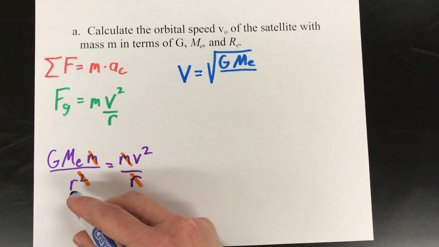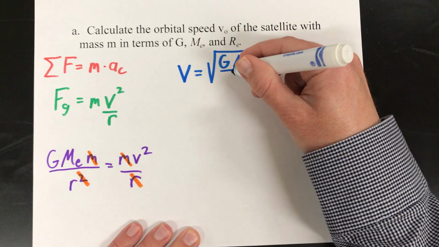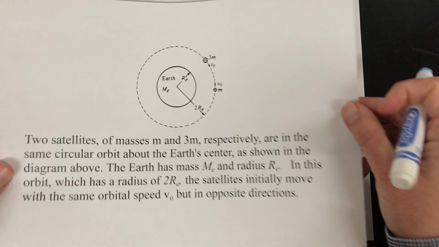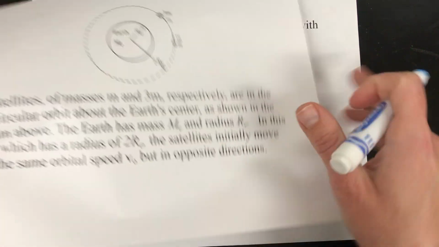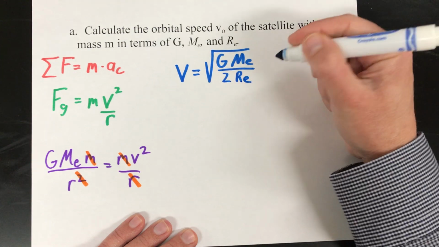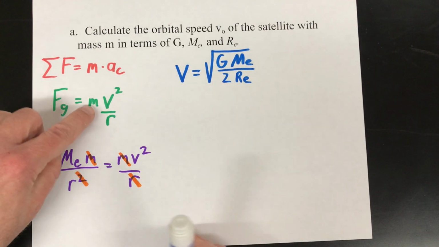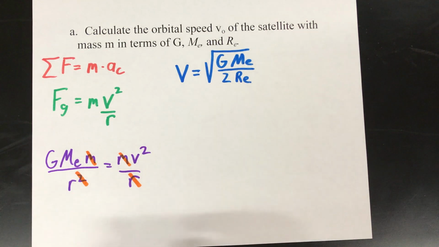Now, so far I've been keeping this radius generic, but this radius should be the radius plugged in from the problem. On the problem here, they are at 2r sub e. So let's plug that in there, 2r sub e. And so that is our answer for the orbit of the satellite of mass m.